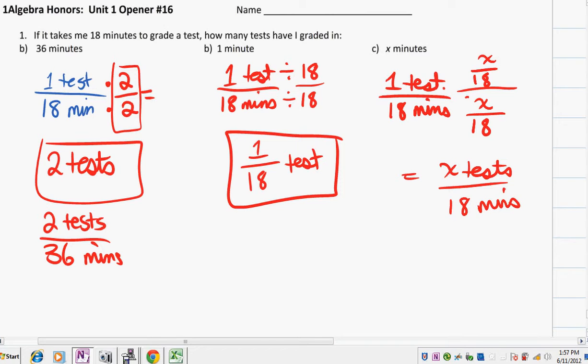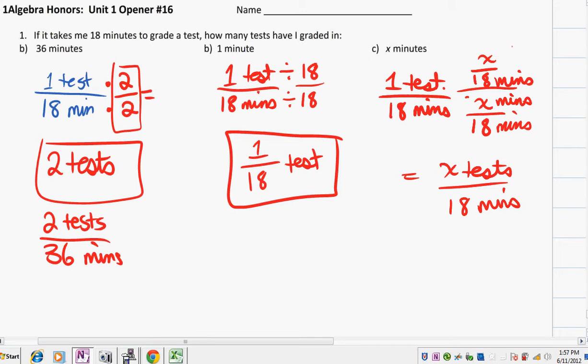But I want to know x minutes. So let's see, what do I get here? Let me just make sure I know my units here. So this is x minutes over 18 minutes. So x tests per 18 minutes.